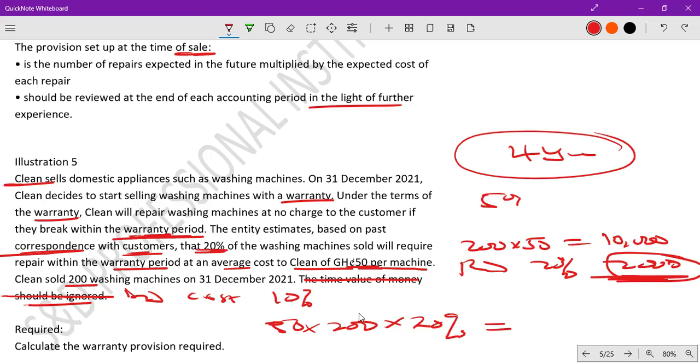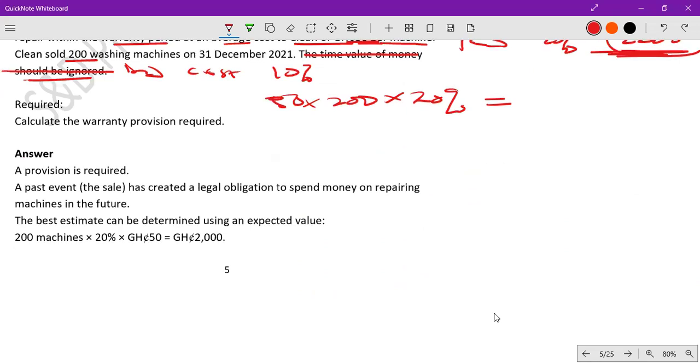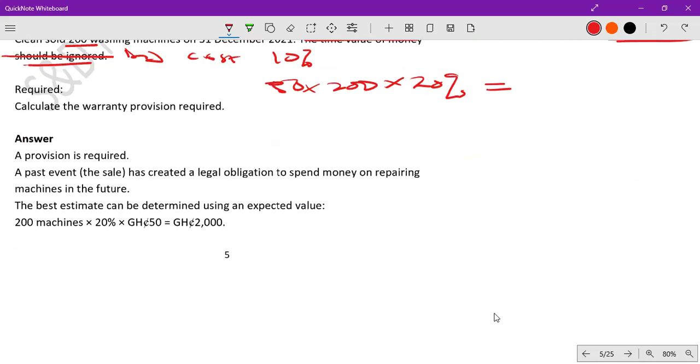Then 20% of the 10,000 is 2,000, not 1,000. So that is exactly what is on your board: 200 units multiplied by the probability of its occurrence of 20%, times the cost per repair. So assuming there is time value of money, remember to discount this at the appropriate discount rate. Any question?